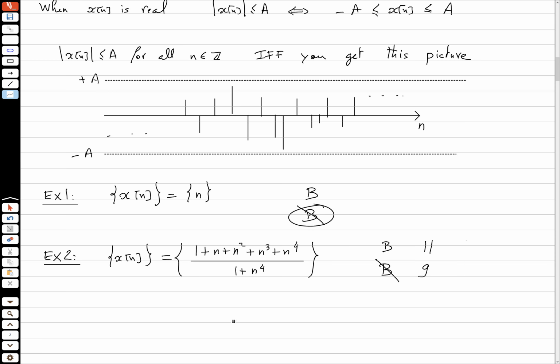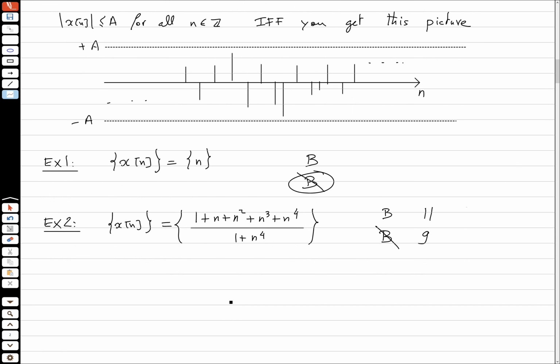All right, that's a good point. I'm not saying this is the final answer, but it is true if you take the limit. You get 1, right? Fine, that means when you are far enough, you cannot be big.